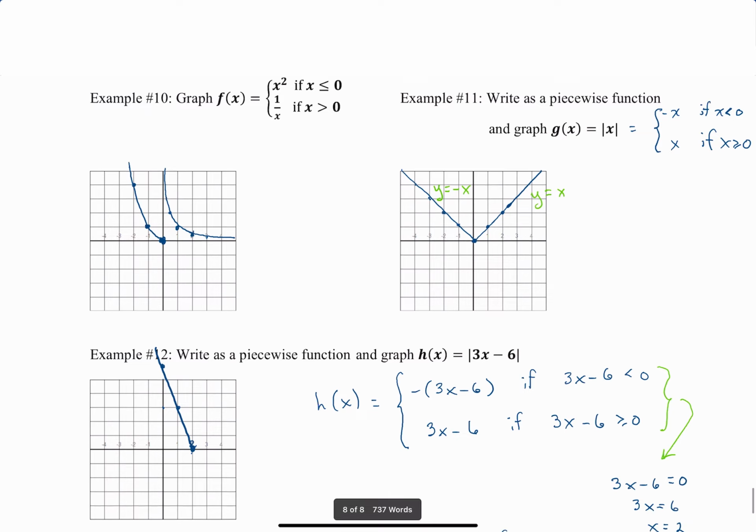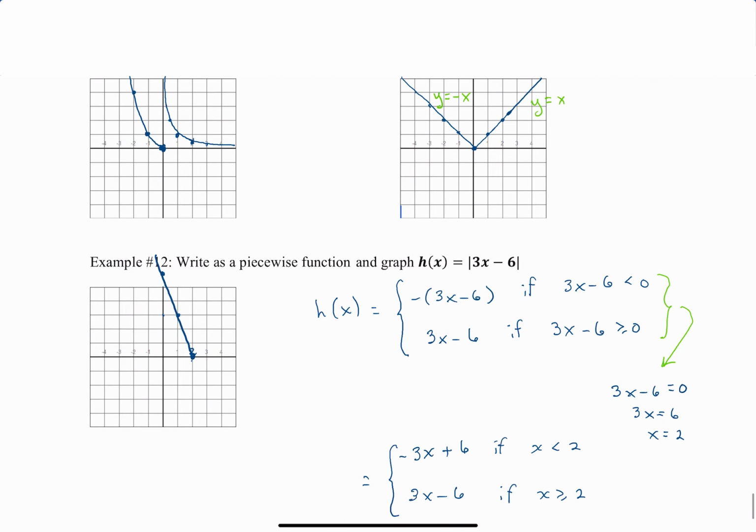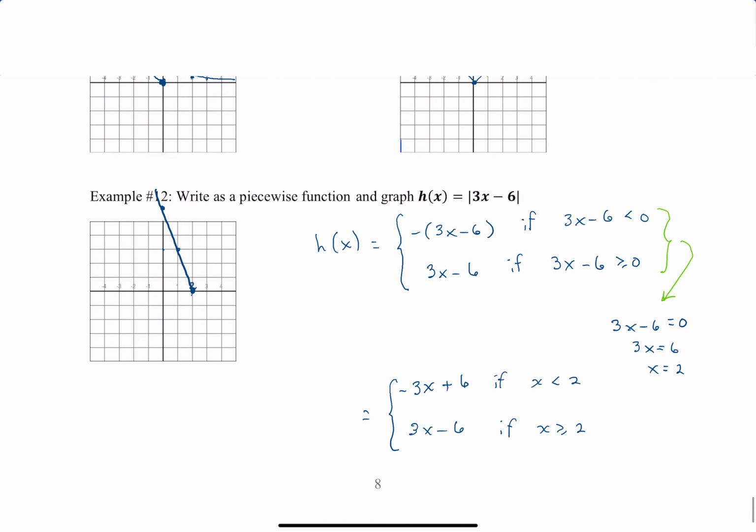Now, before we go on, can you see a modification that I should make to the line we just drew? That minus 3x plus 6 line is only graphed for x less than 2, not for x equals 2. So I actually need an open circle there to indicate that dot is not part of our graph.